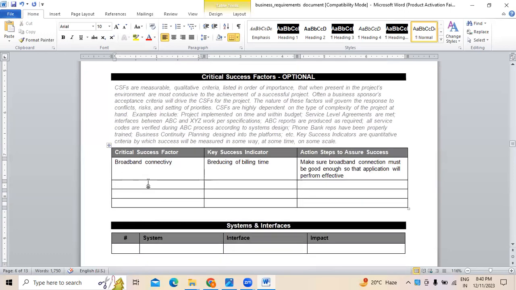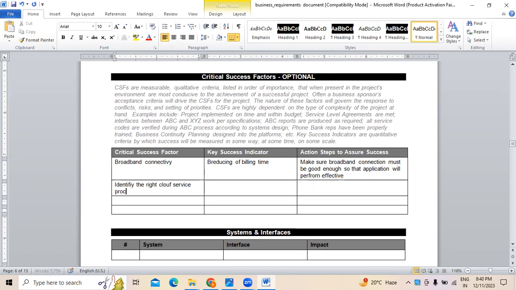Next, identify the right cloud service provider.